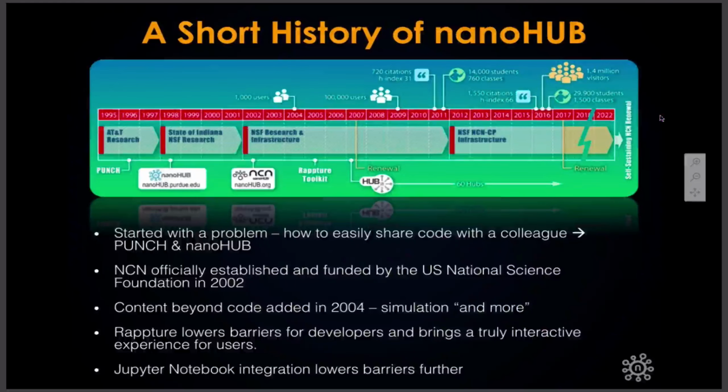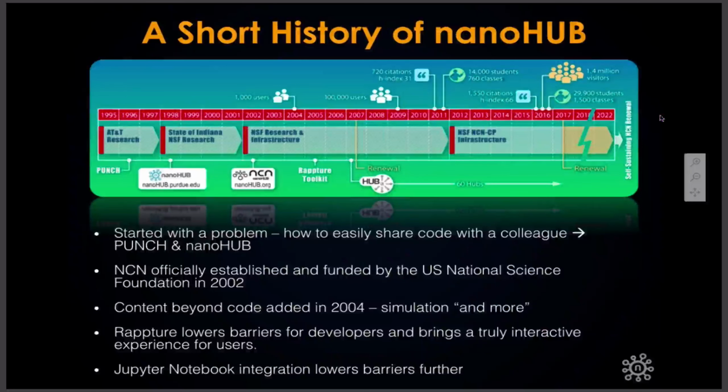In today's web format and culture, people are downloading things, they're streaming things, and that type of counting doesn't make as much sense anymore. Most websites count in terms of visitors, so we do that as well now, and we're on the order of 1.4 million visitors to nanoHUB per year.